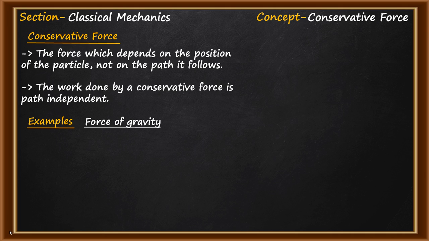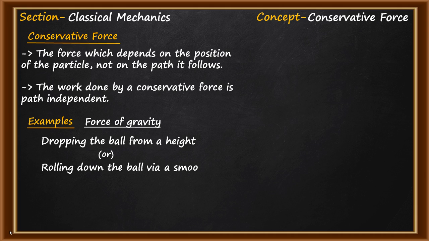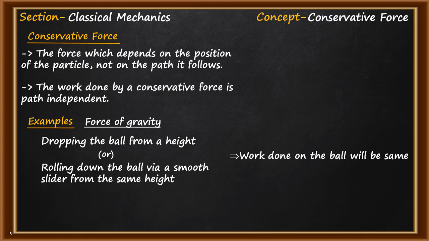Now the same ball, if you roll down via a frictionless slider from the same height, again it will reach the ground and the force will remain the same. So by dropping the ball from a height or rolling down the ball via a smooth frictionless slider, the work done on the ball will be the same.